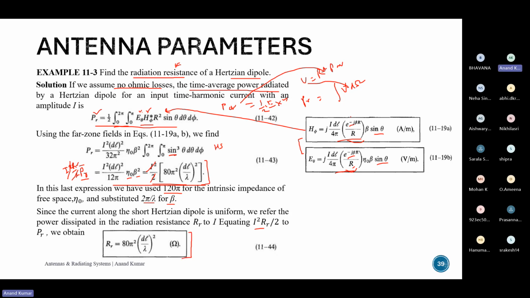So I've calculated the radiation resistance. I'll pause here to let you read these steps, and the next few slides will wind up.